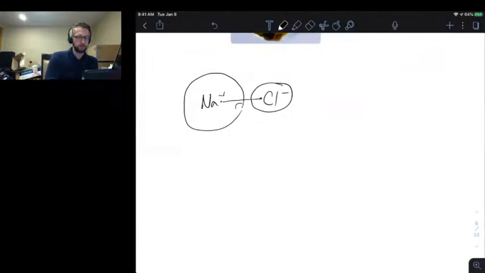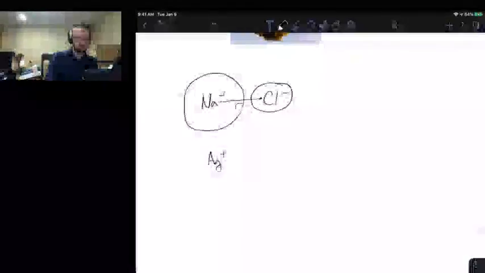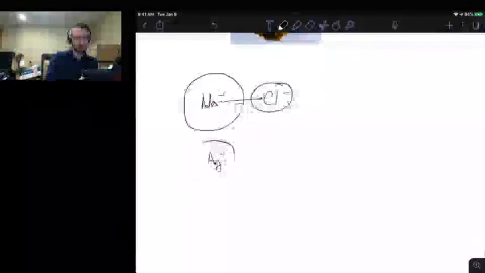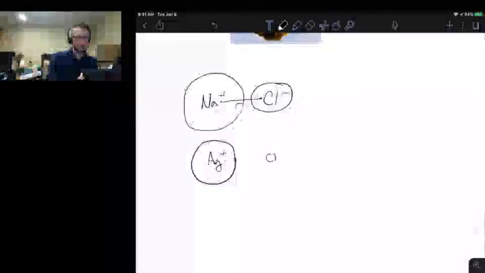But silver is much closer to chlorine on the periodic table. It is down a row, but it is a little bit closer. So silver should be just a hair smaller than sodium.